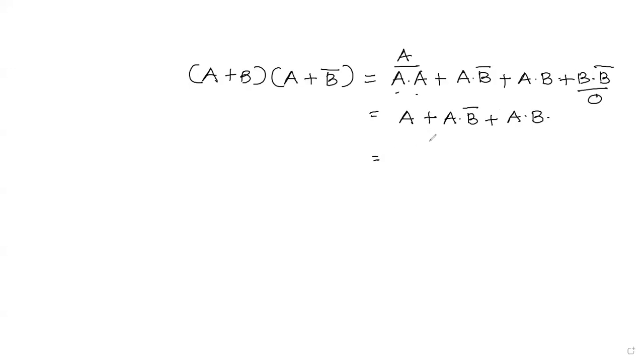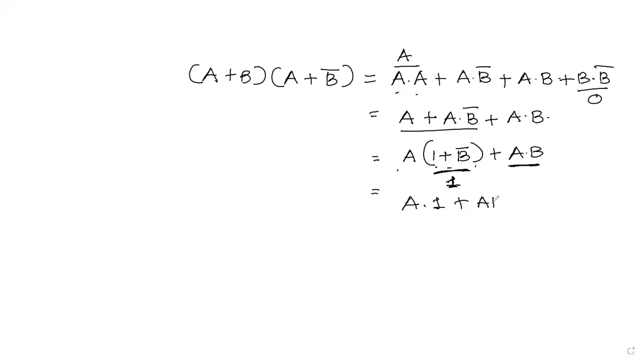Now what you can do, A into, combine this one, 1 plus B bar, plus A into B. Yeah, this is A into 1 plus B bar. 1 plus B bar is 1. And AB is AB anyway. So this is A into 1 plus AB. This is equal to A.